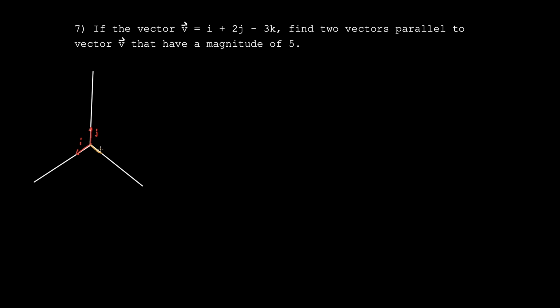And this would be the vector k. Because these are basis vectors, all of these have a length of 1, where i is 1, 0, 0, j is 0, 1, 0, and k is 0, 0, 1.